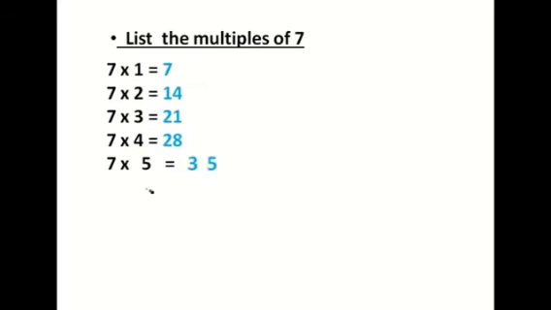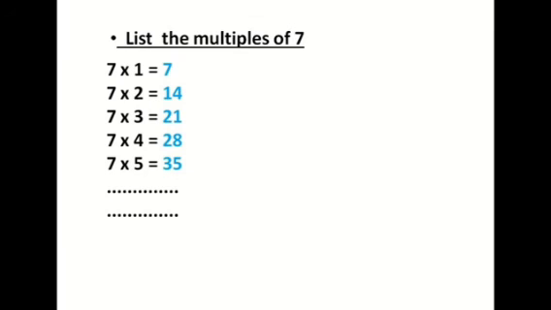I hope you all can do it. Here I have written a few multiples of 7. 7 ones are 7, 7 twos are 14, 7 threes are 21, 7 fours are 28, 7 fives are 35. I didn't write more because this is how much I can write.